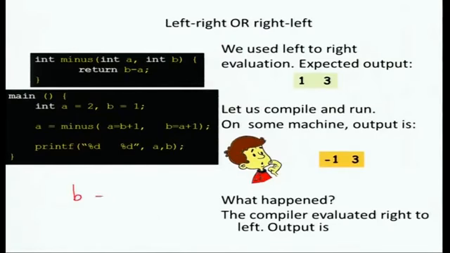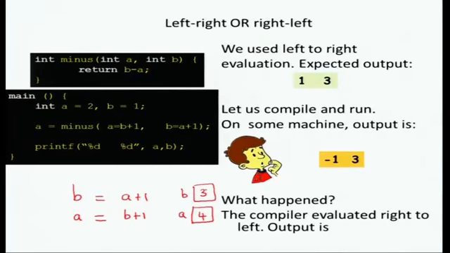So, b gets the value 2 plus 1, 3, and then you will execute a equal to b plus 1. B is now 3, so a gets the value 4.